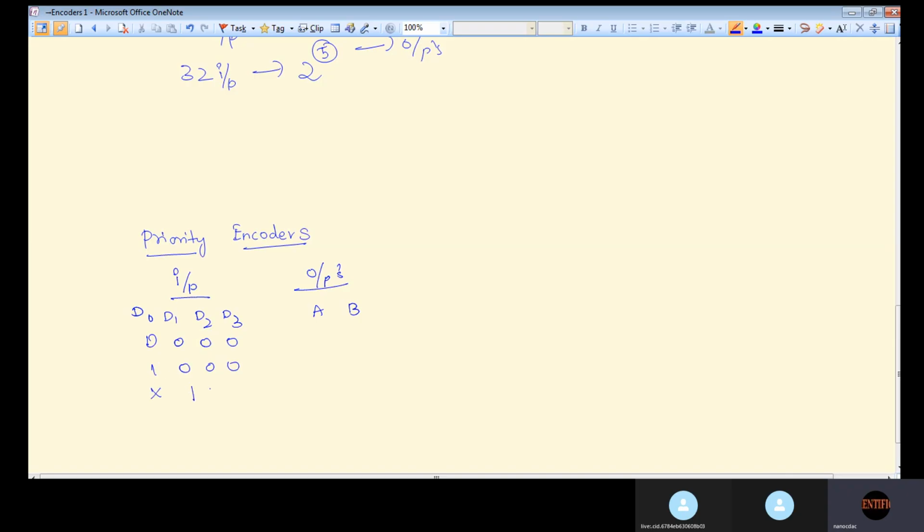So don't care 1 0 0, and don't care 1 and 0. Don't care and 1. See the outputs of this priority encoder. This is 4 inputs and 2 outputs kada. It is equal to don't care if all zeros are there, 0 and 0, and here 0 1 1 and 0 1 1. మీకు అవుట్పుట్స్ ఏం బేస్ చేసుకొని వస్తున్నాయి చెప్పండి.